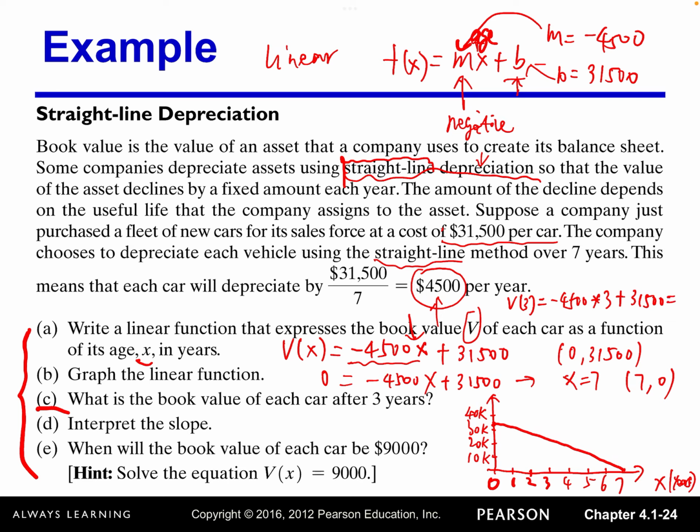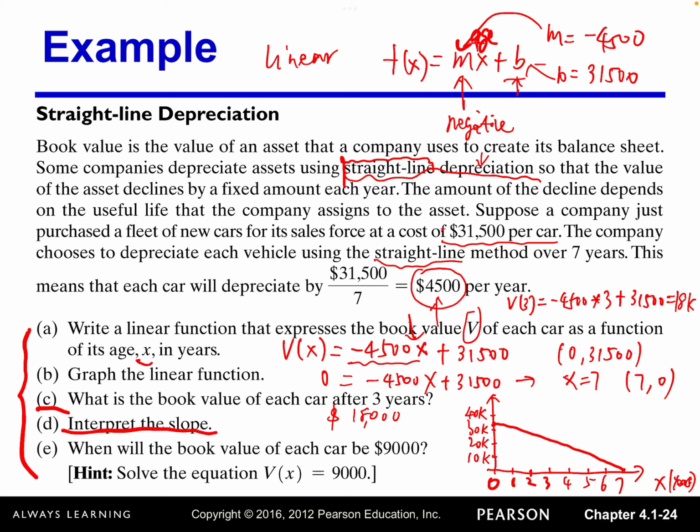Let's use a calculator to quickly calculate it. 4,500 times 3, I got 13,500. So the book value for each car after 3 years is $18,000.